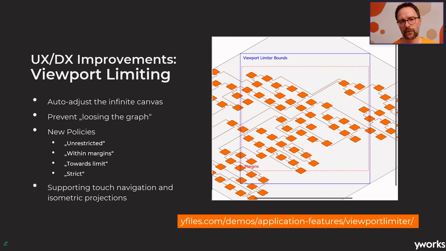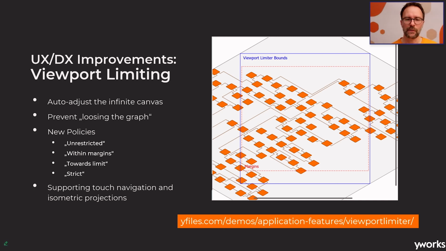Another thing that changed with the 3.0 release is the way that we treat the infinite canvas. Traditionally, yFiles had an infinite canvas, and it still has, but this meant that you were able to easily just lose your graph. Specifically, if you're using touch devices, you're starting to use your fingers to navigate around. It could happen that you were scrolling too far away and never found your graph again, basically. So by default now, we changed the way that the viewport navigation is limited, and we added a set of policies that we found to be super intuitive to use, which limit your way of navigation.